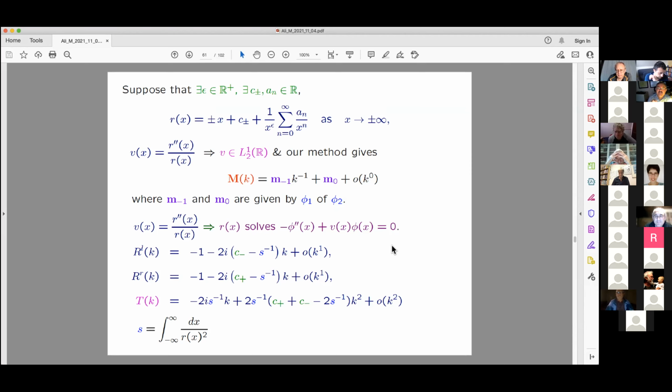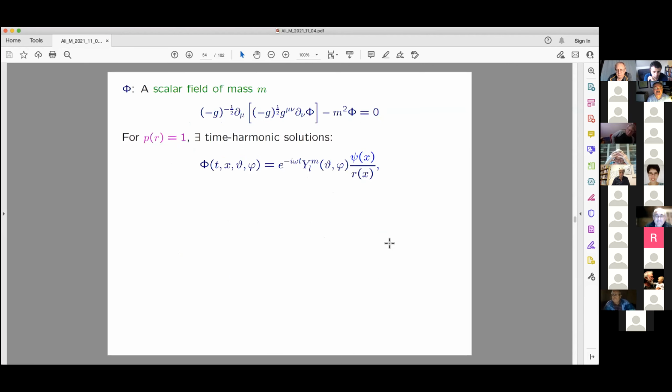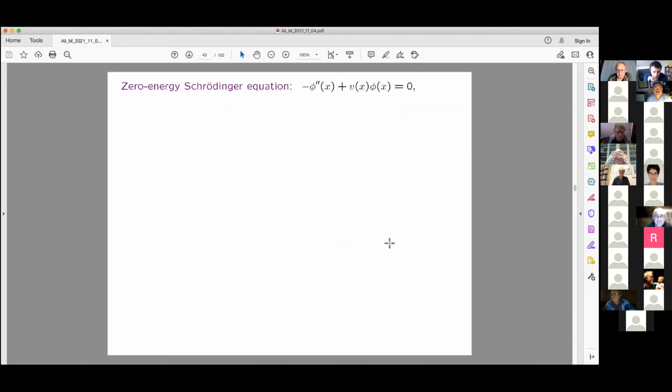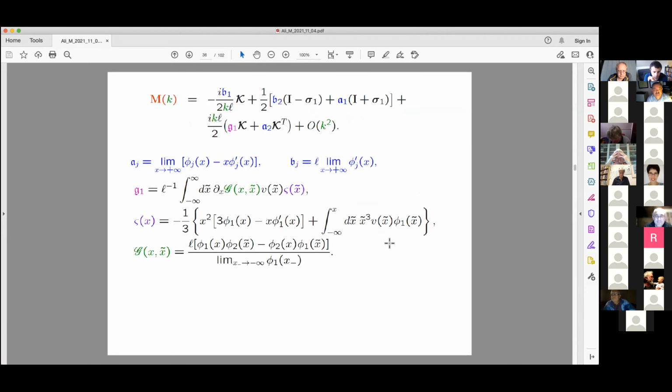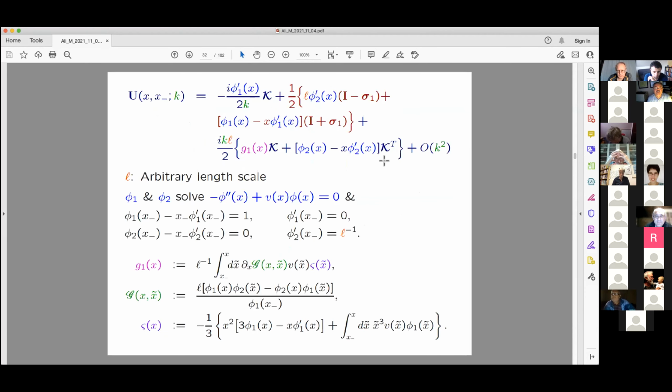At the end, I chose the thickness of the slab to be the relevant length scale. But at the beginning, when I discussed the general potentials, I can't say which length scale is the relevant one, so I introduced an arbitrary L. If you change L, the physical results don't change. It's a mathematical parameter I have introduced.